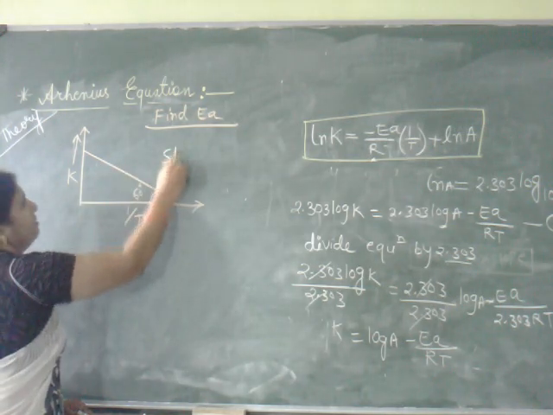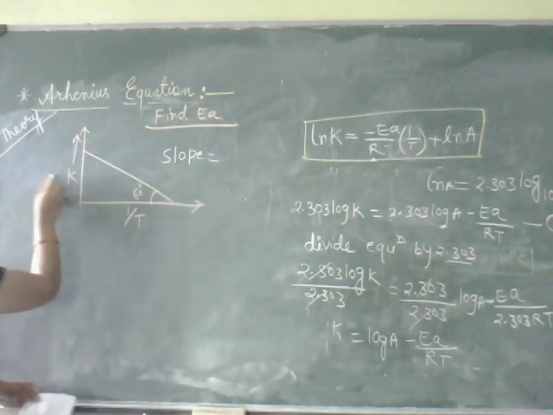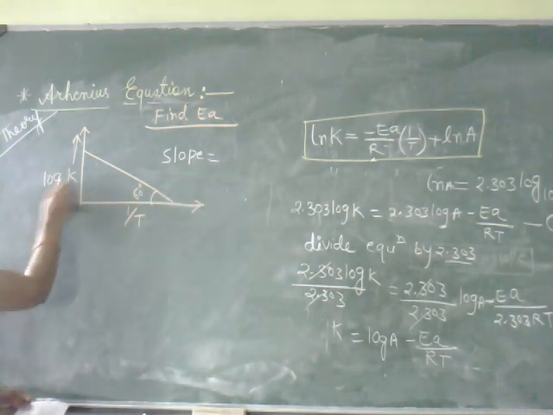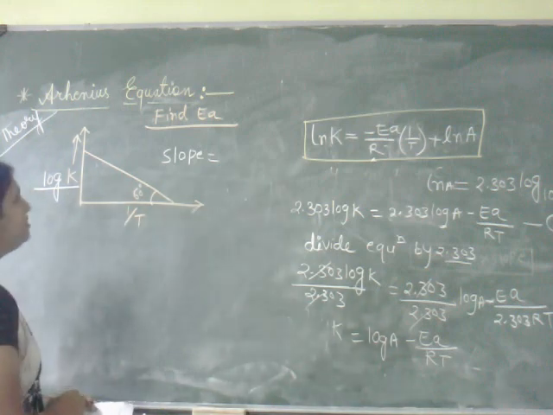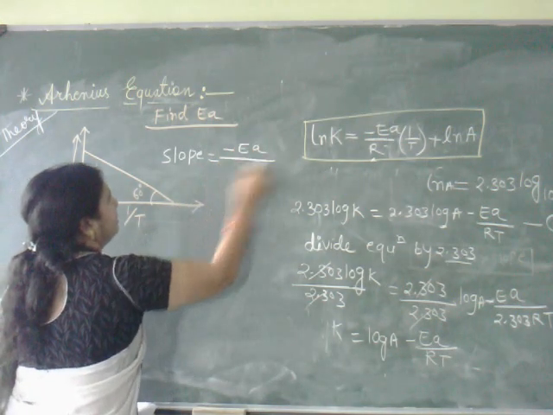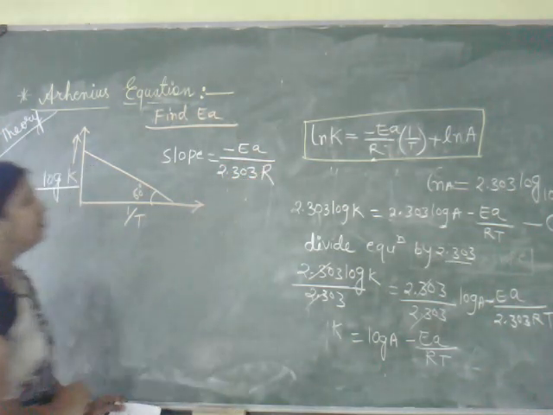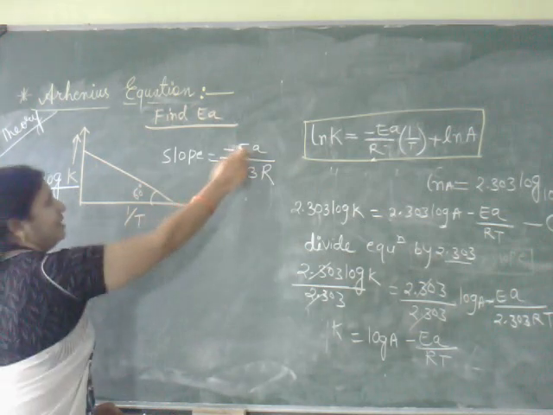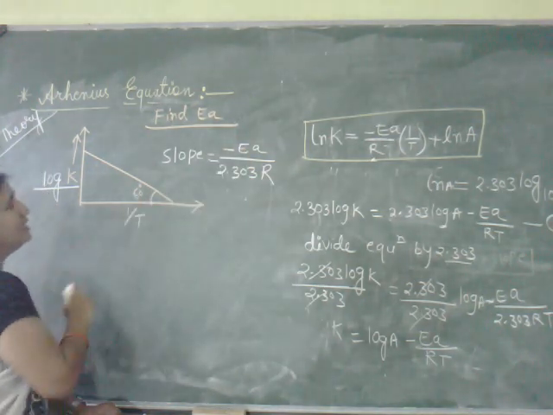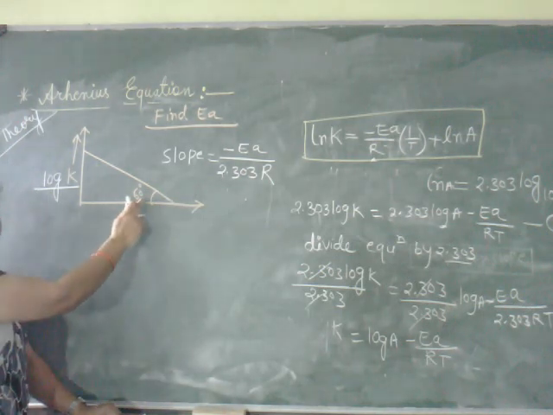What is the slope here? This is log K, so the formula is slope is equal to minus EA divided by 2.303 R. We have to find out EA. What is the slope here? Tan theta. Which one will we take?